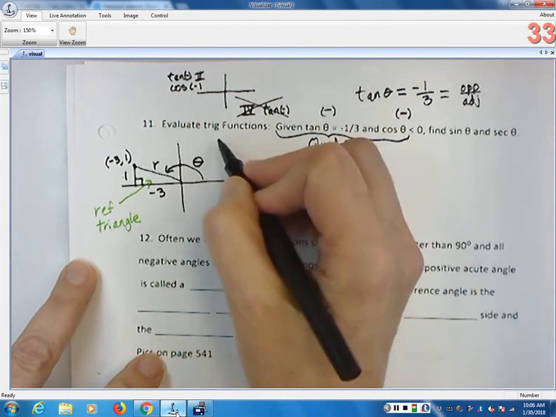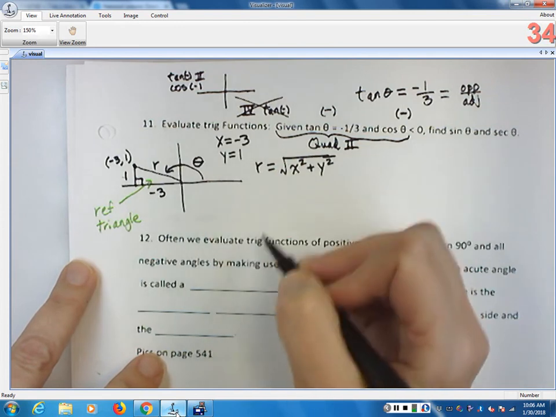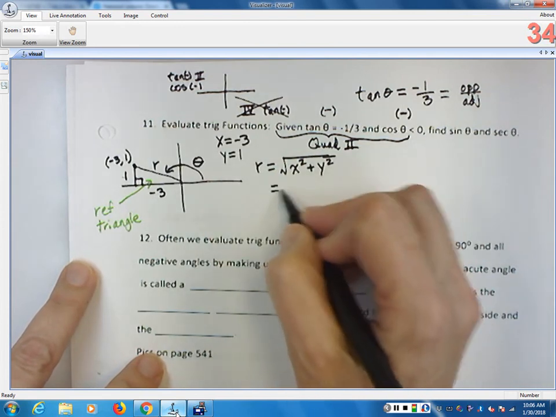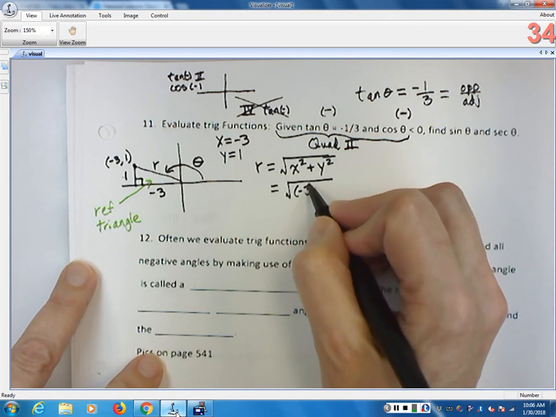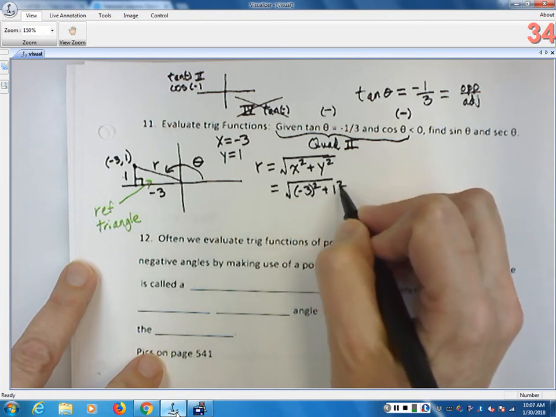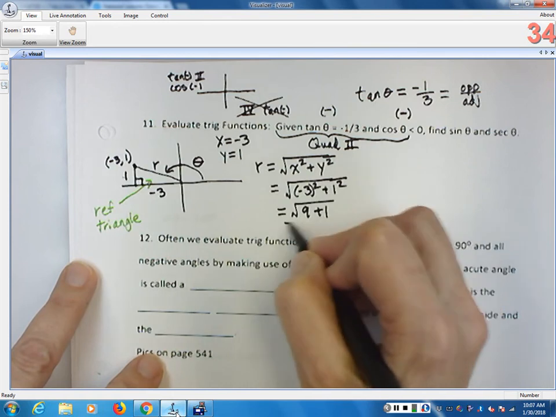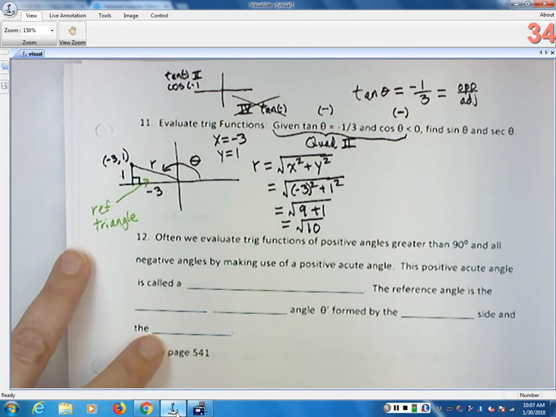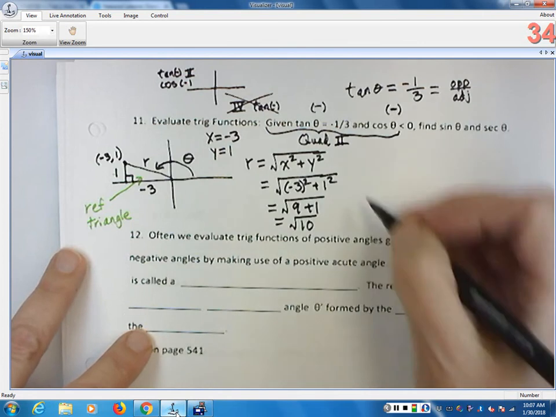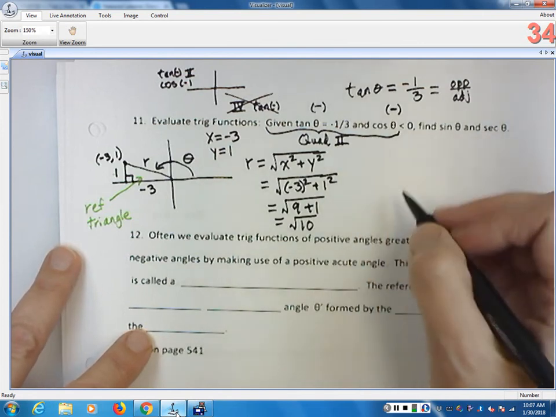Our x is -3, our y is 1. So R is the square root of 9 plus 1, which is the square root of 10. Okay? R is square root of 10. And then now we can find sine.